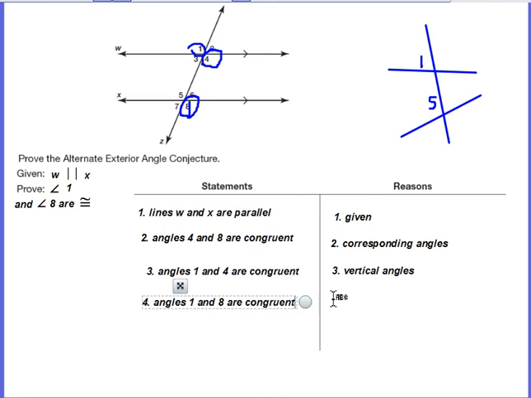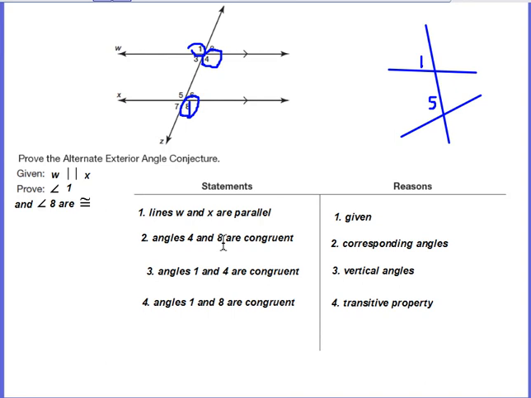And what property is that? The same property I talk about all the time, which is transitive property. There we go. And sorry for the not neatness, but you get the gist of it. Alright, let's move on to the next one.